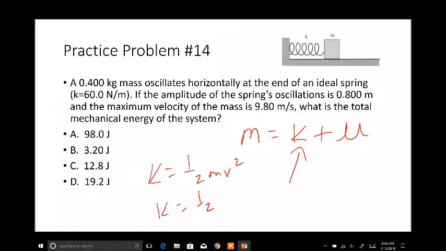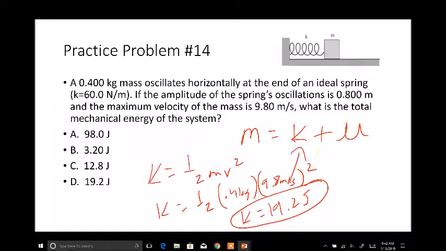We know the mass of the object, 0.4 kilograms. And we know the maximum speed is 9.8 meters per second. We've got to square that. If we do the math, we end up with 19.2 joules. And that's at the equilibrium position because that's where the maximum velocity takes place.